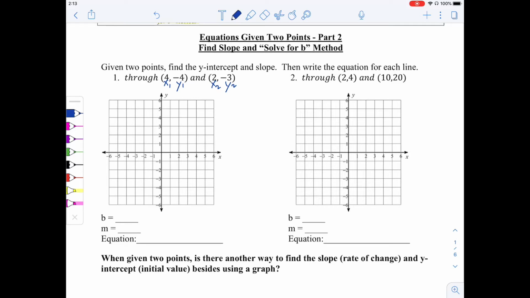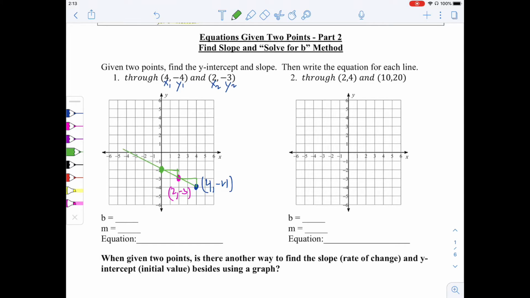So the first one, (4, -4), it's right there. Then we have (2, -3), so right 2, down 3. All right, so that's (2, -3). And then from there, we're able to graph our line, right? So using our rise over run, following our pattern, we get our extra point right there, which is our y-intercept.